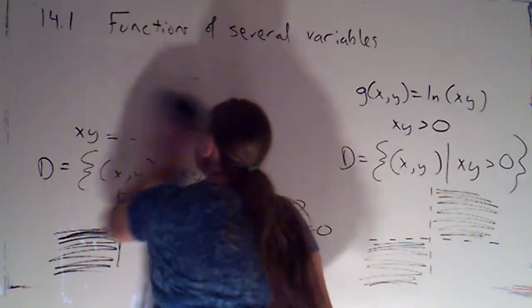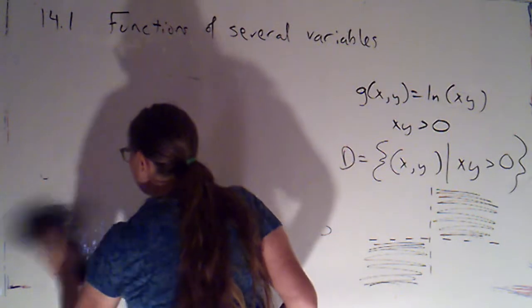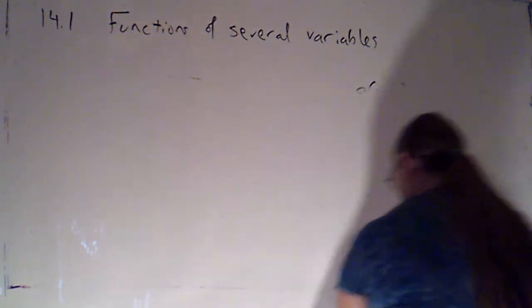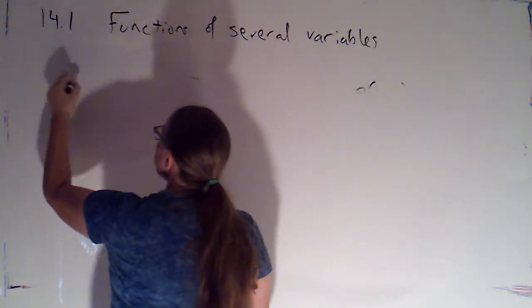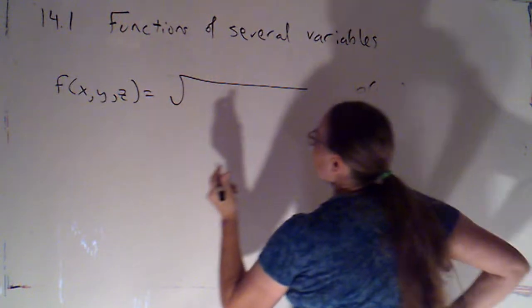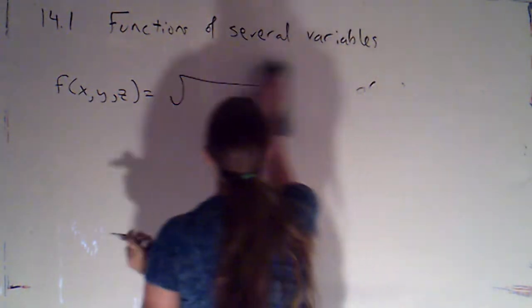Okay, let's try one that's a function of 3 variables. Let's say f of x, y, z is the square, no, let's not do the square root.